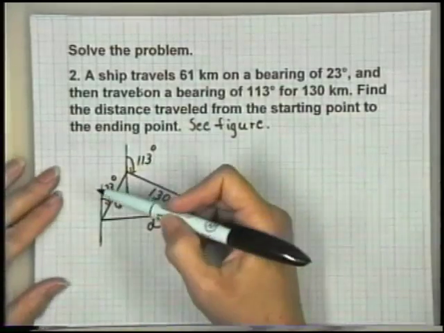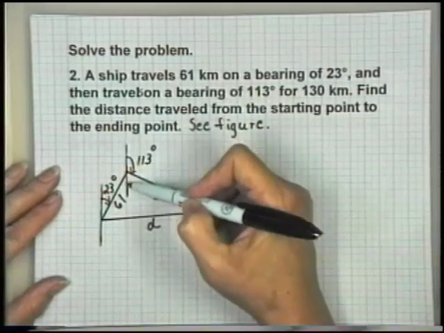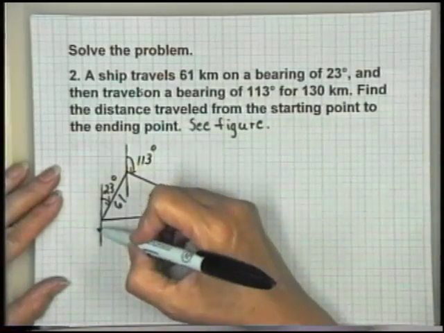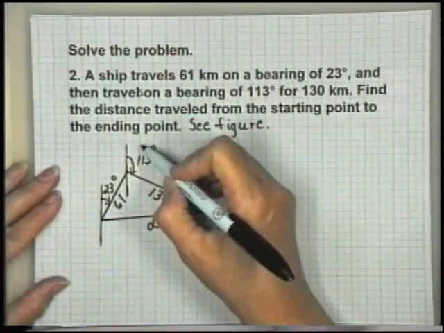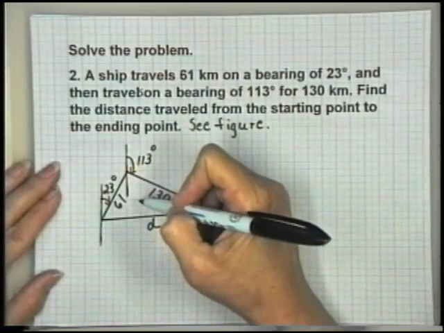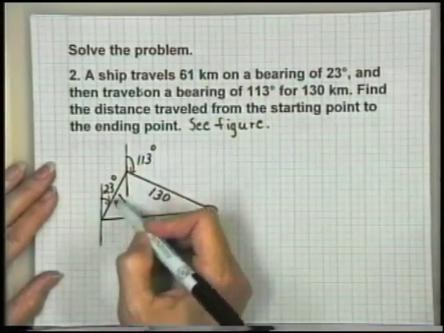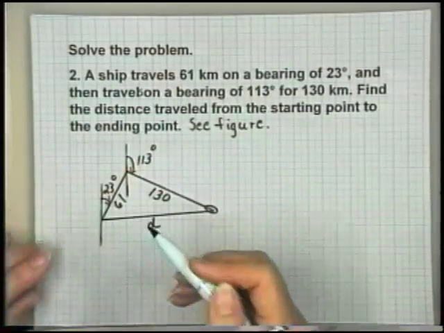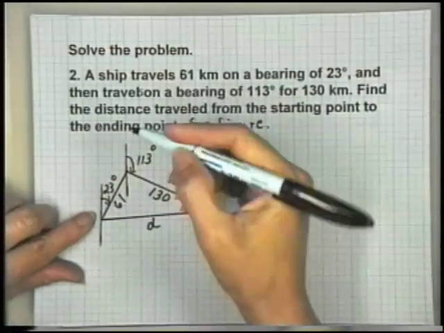Well, look what happens. This north-south line is parallel to this north-south line, and this line crosses those two parallel lines and is what we call a transversal. And a transversal with these two parallel lines forms certain special angle relationships.